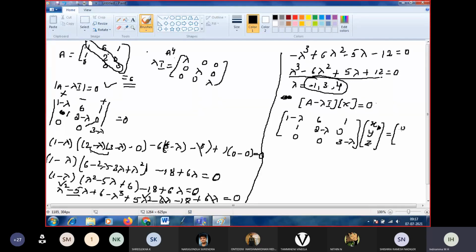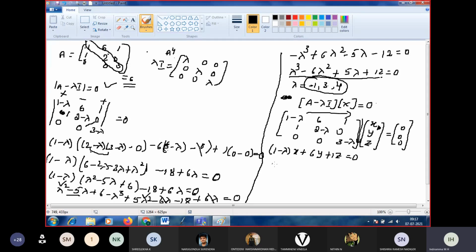Is equal to 0, 0, 0. So now first row, first column, multiplication of two matrices. We get (1 minus lambda) into x plus 6y plus 1z is equal to 0.